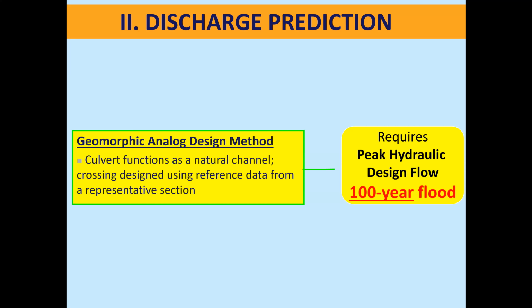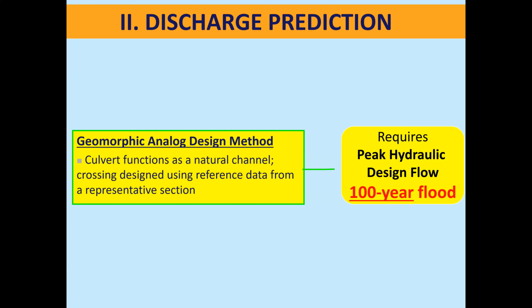And for our discharge, for our designs, we're designing to a 100-year flood event under the geomorphic analog design method, where we're working to make a culvert function as close to a natural channel as possible based on design reference reach.